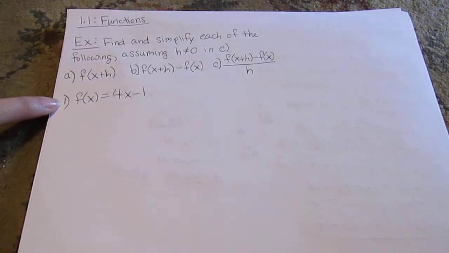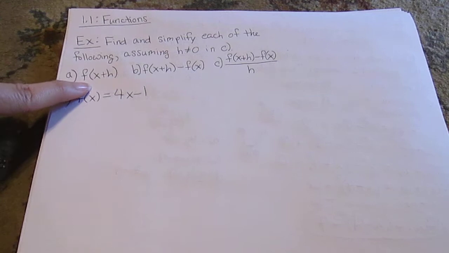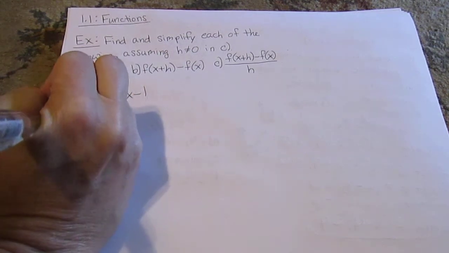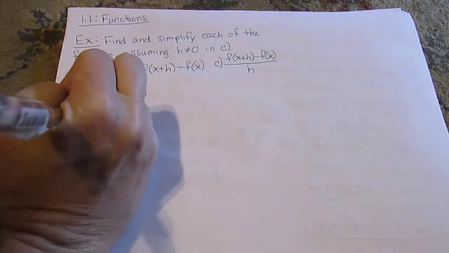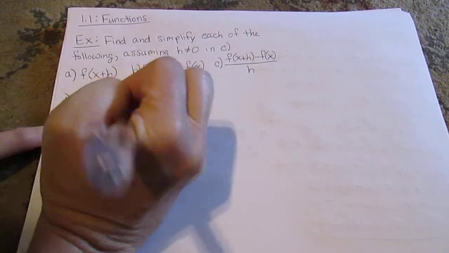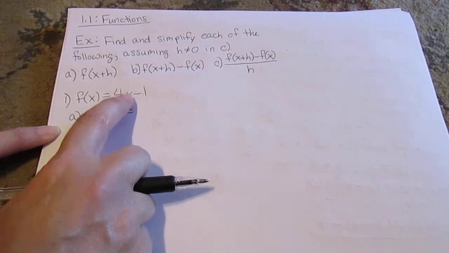So in our first one, they gave us f of x equals 4x minus 1. Well, I'm just going to break it up into the parts that they did here in the homework. So part A, we're finding f of x plus h. Well, this just means they want us to plug x plus h in wherever we see an x.